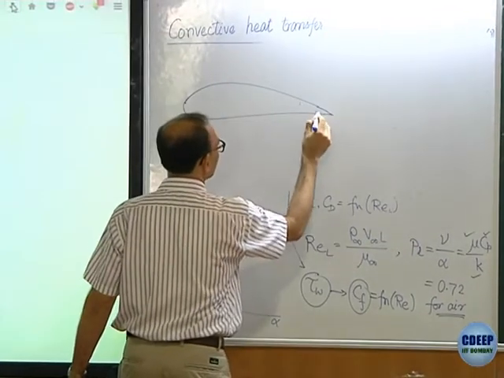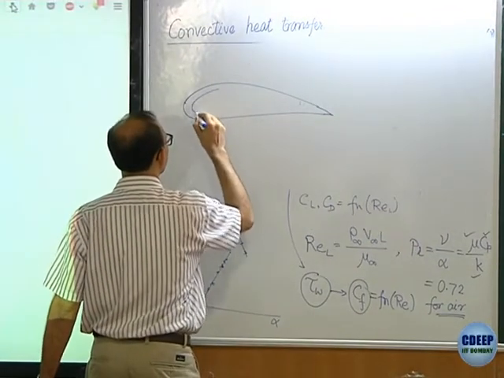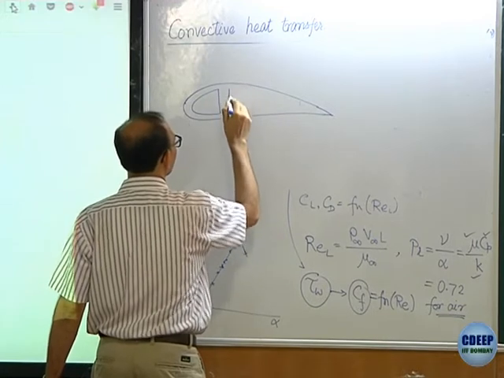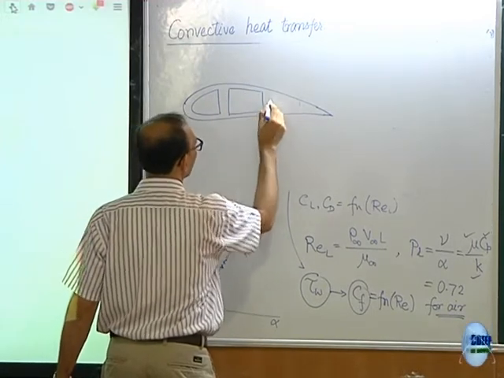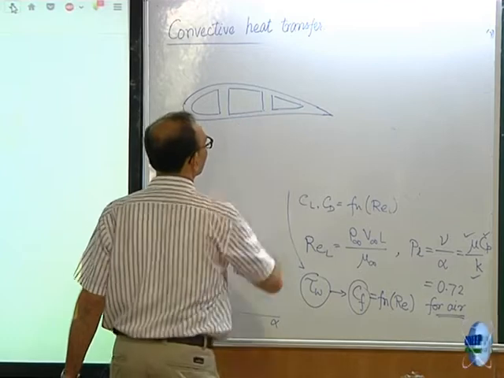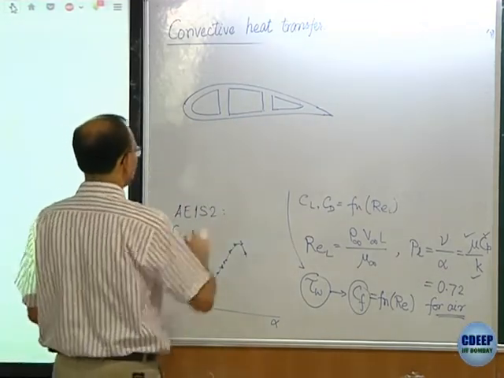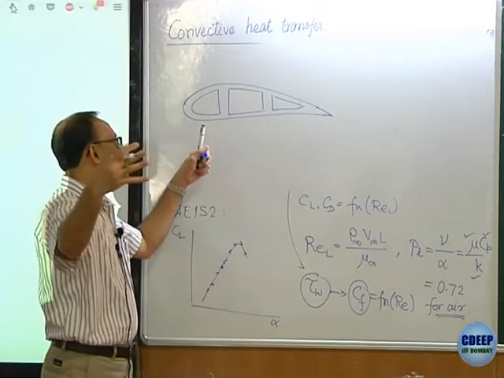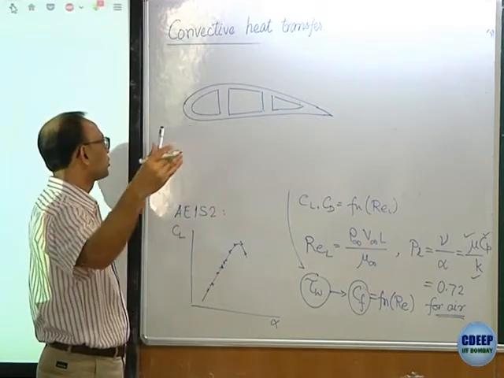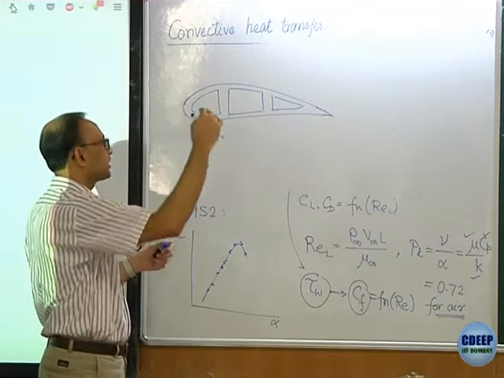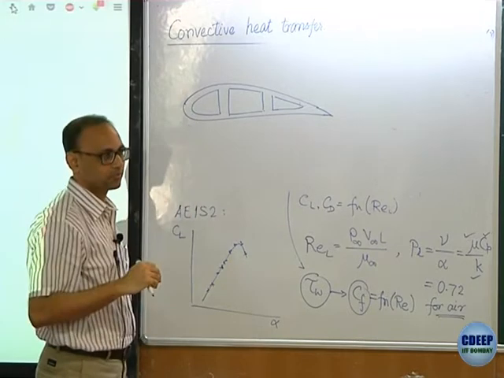But here it is, a turbine blade like this, and we said this section is part of a long blade, much magnified view, and through the blade we have certain ducts cut out inside the blade through which we are passing fluid, coolant.